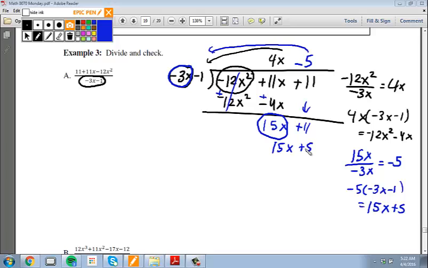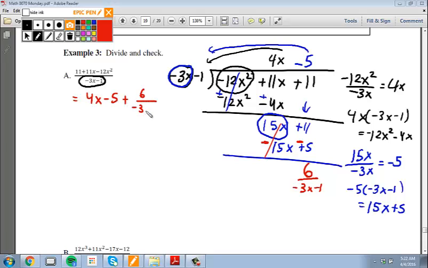So then I need to remember that I should subtract. So 15 minus 15 is 0. 11 minus 5 is 6. So my remainder is 6 out of negative 3x minus 1. So this is 4x minus 5 plus 6 over negative 3x minus 1.